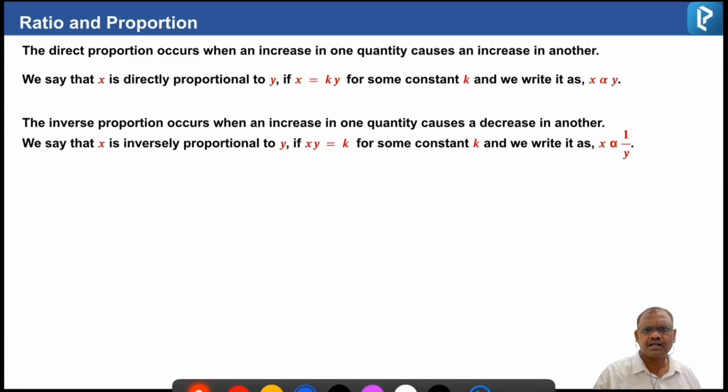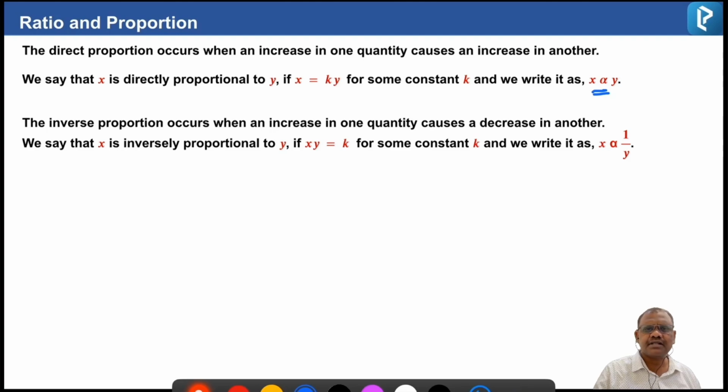When you are comparing two quantities, when one quantity increases, the other also increases in the same ratio, we say that they are in direct proportion. Suppose x and y are in direct proportion, x is equal to k into y. Here k is a constant and we write it as x proportional to y. This is the symbol for proportion.